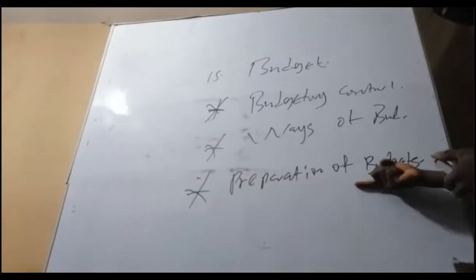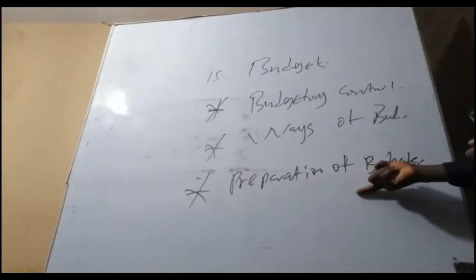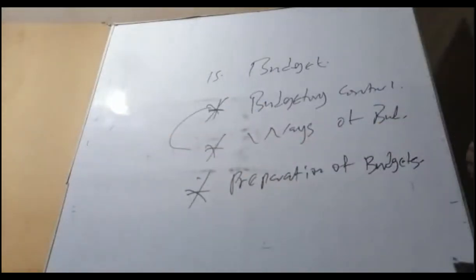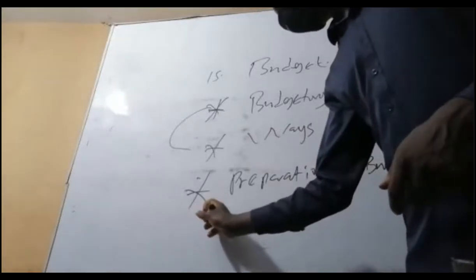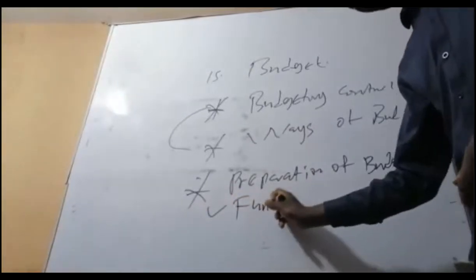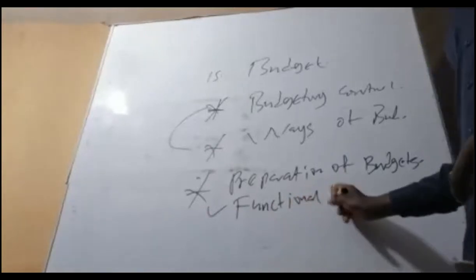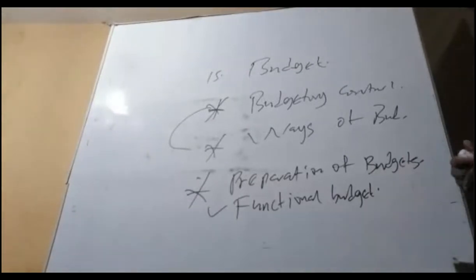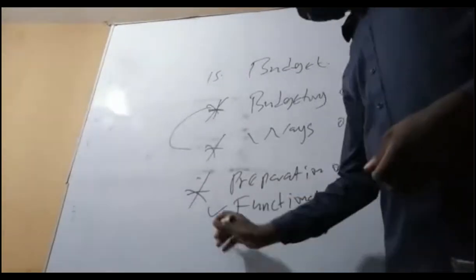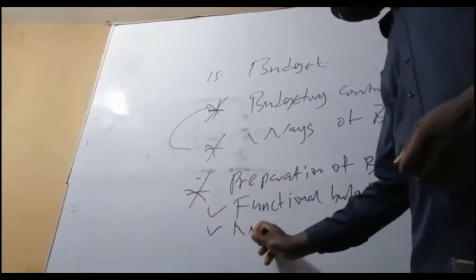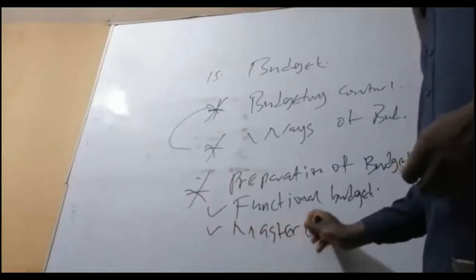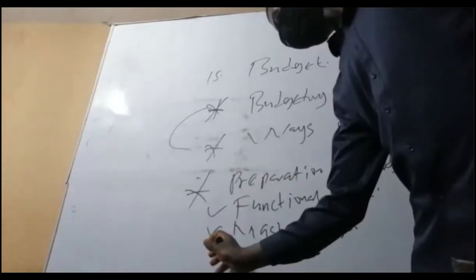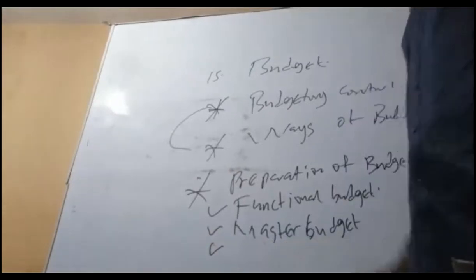Good. So this is the calculation section. And these first ones are the theory. However, you are required to prepare the following budgets. Functional budget, so do it for level one. And then two, master budget. And then three, cash budget.